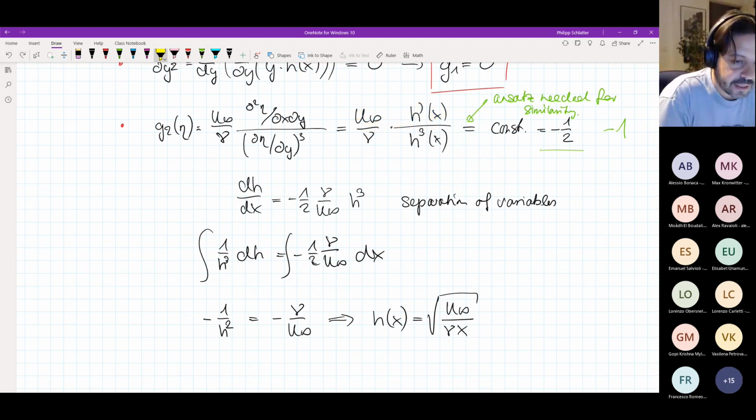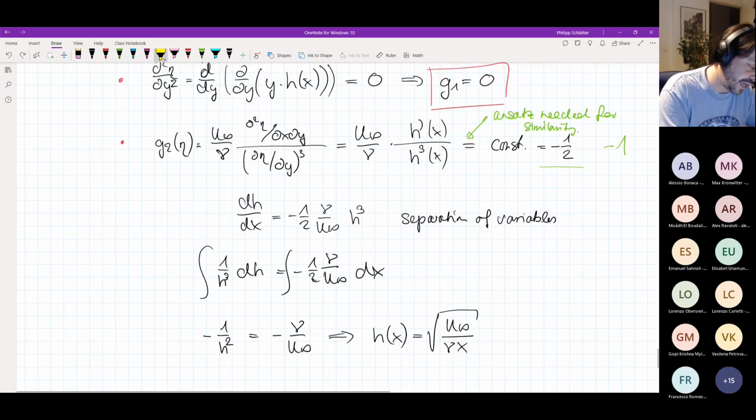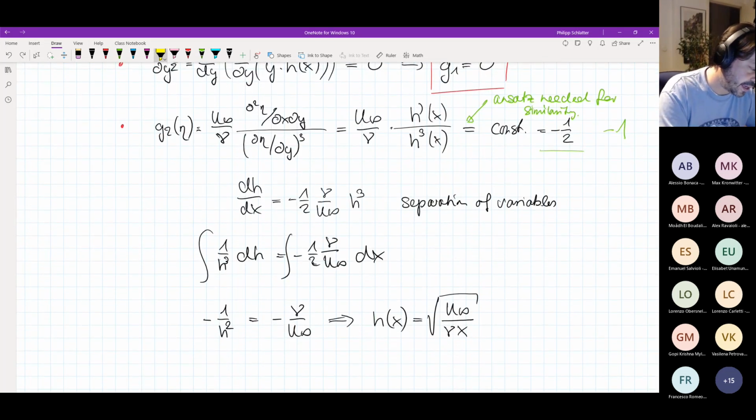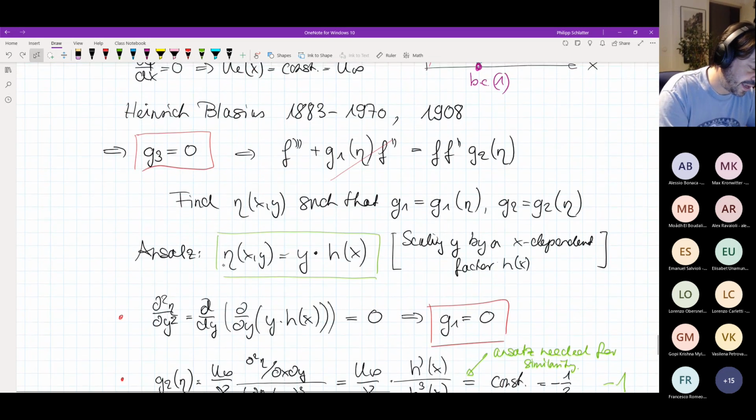Okay. This, of course, is very nice, because now with knowing what h is, I know what my eta of x and y is, because I can just put in the h in here.